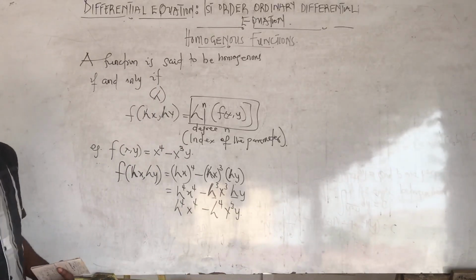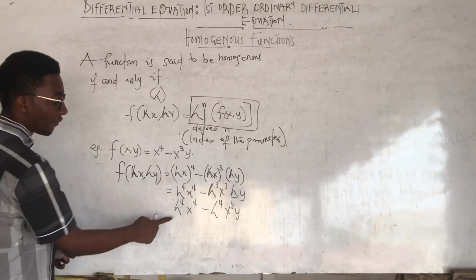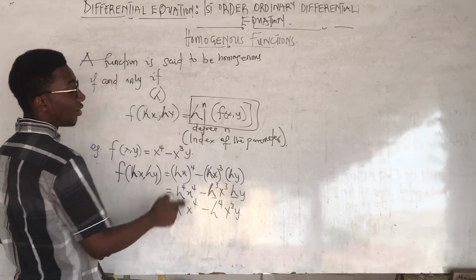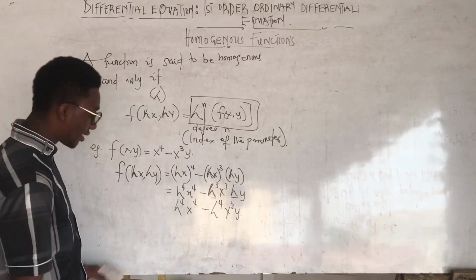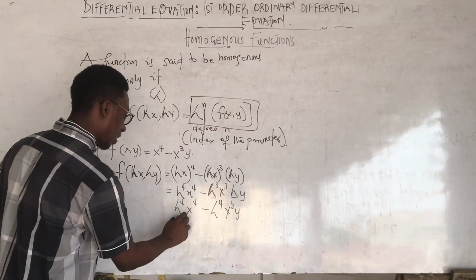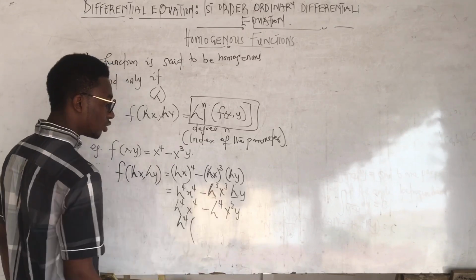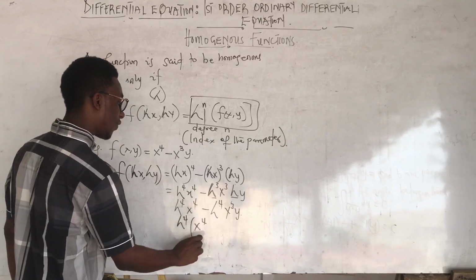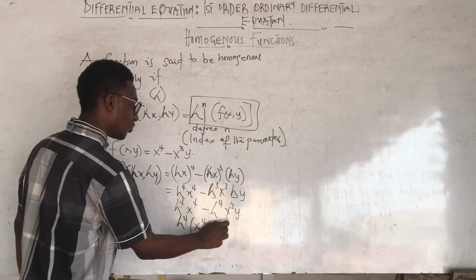When you have something like this, you have to factorize the lambda out and see whether it multiplies the function. Factorizing the lambda out, you have lambda raised to the power 4 multiplying x exponent 4 minus x cube y.